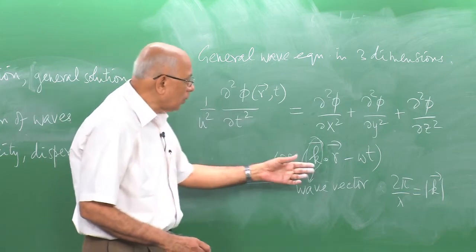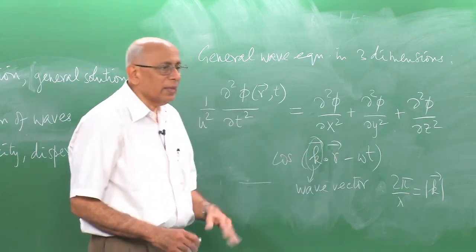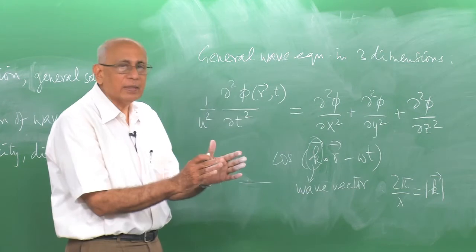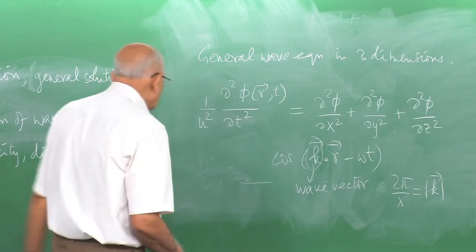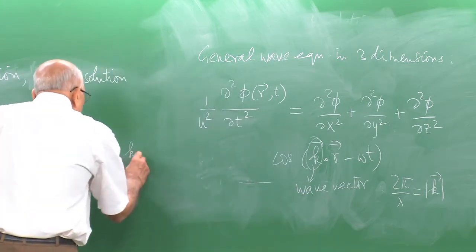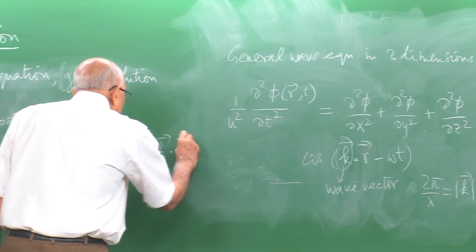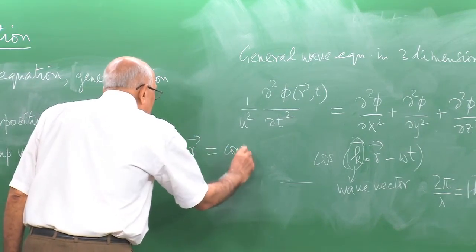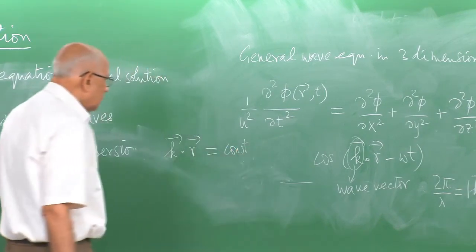Well, it would correspond to putting k dot r minus omega t equal to a constant, some given phase. And what kind of surface is it for a fixed t? You need to ask what kind of object is k dot r equal to constant.